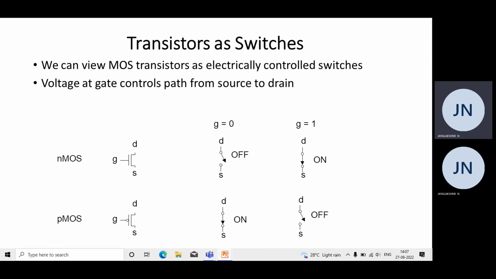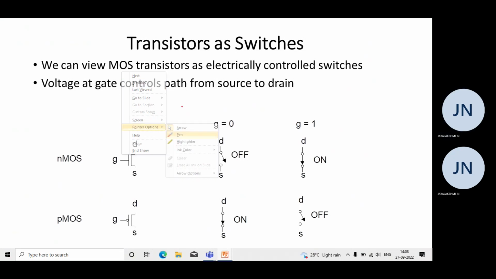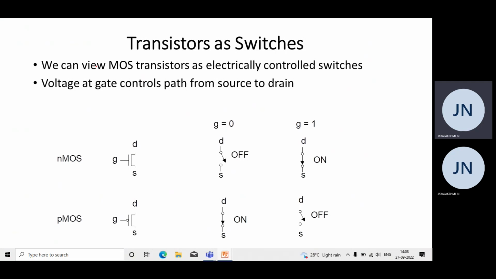Next, we're going to discuss transistors as switches. As we know, we can view a MOS transistor as an electrically controlled switch. The voltage at the gate controls the path from source to drain.